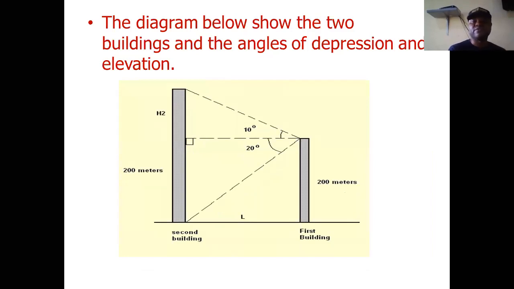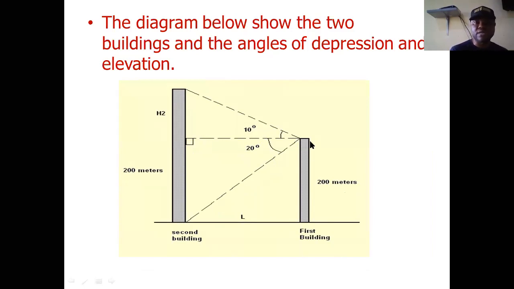From the first building, which is 200 meters high, the angle of depression to the second building is 20 degrees. And from the same point, the angle of elevation to the top of the second building is 10 degrees, as you can see in the structure.